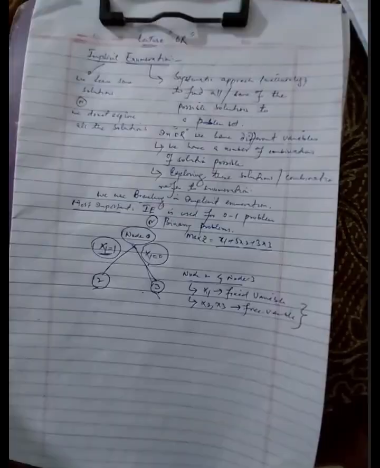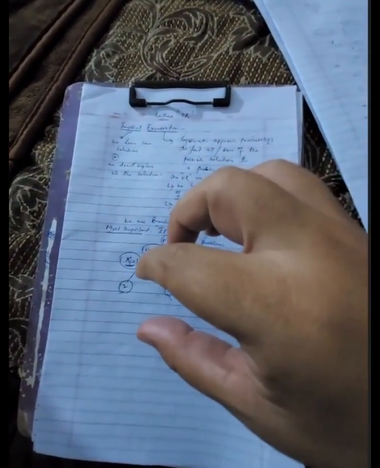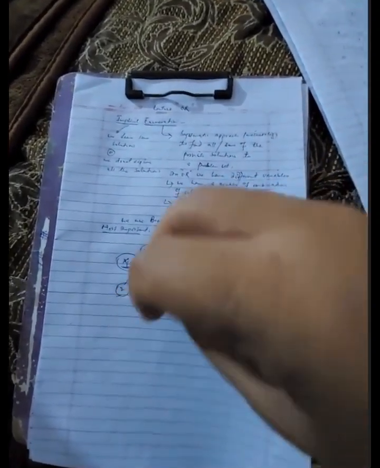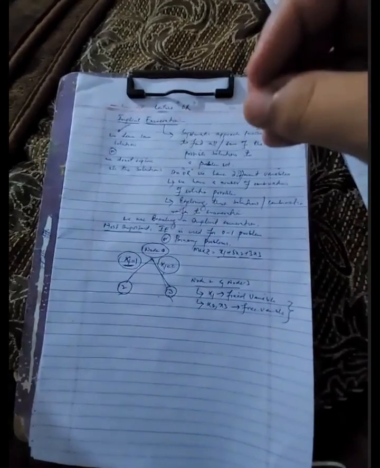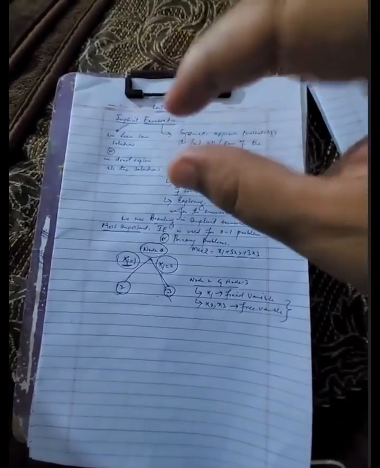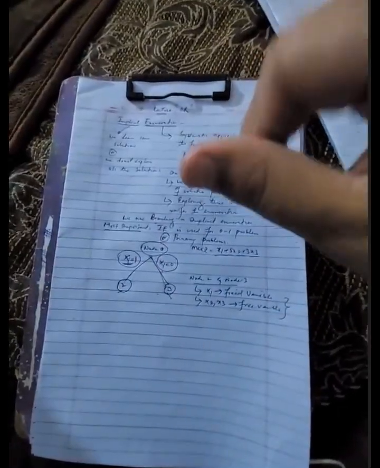So what we do is we fix one variable and find the values for another variable for which the equation, for example, we have two constraints, for which both the constraints are true, which satisfy both the constraints. Okay.